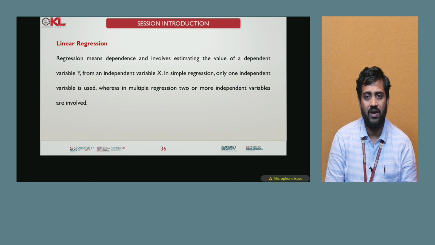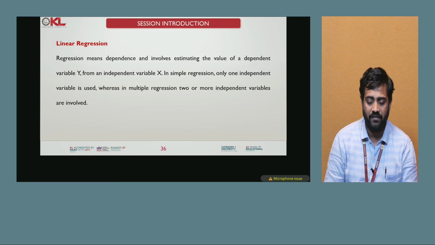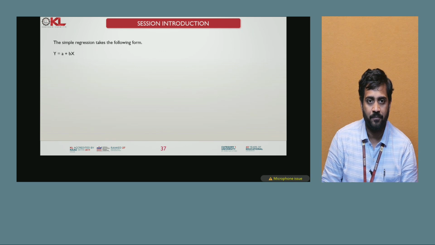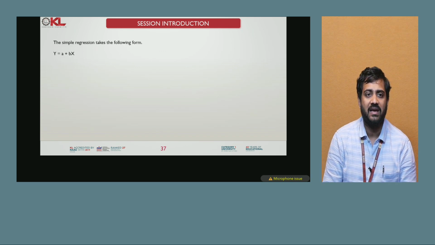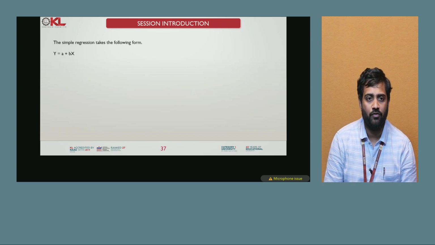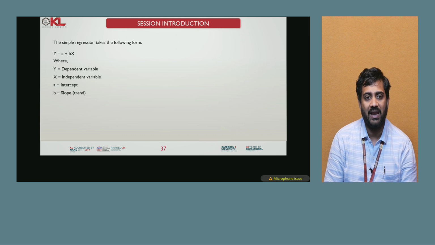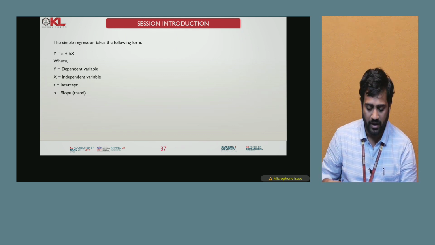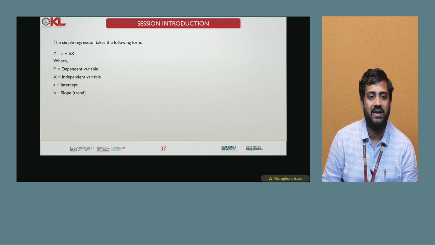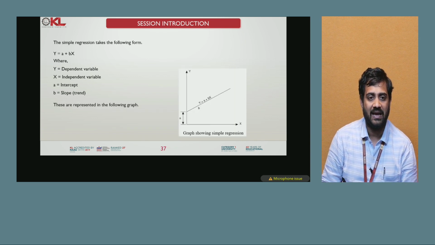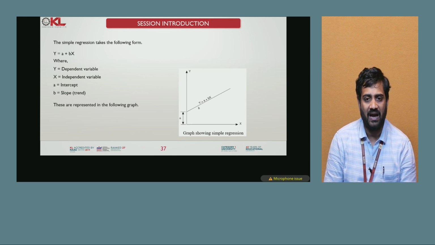So here we are going to estimate the value of the dependent variable y from the independent variable x. Now the simple regression takes the following form, y equal to a plus bx, where y is the dependent variable, x is the independent variable, a is called the intercept and b is called the slope or trend. This simple regression is represented in the following graph.